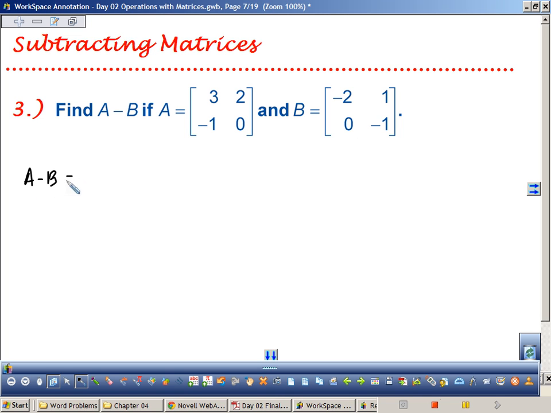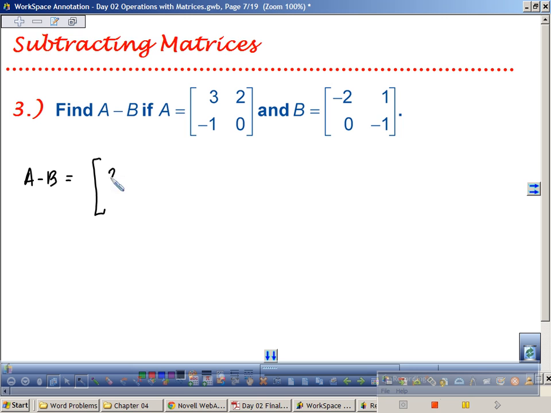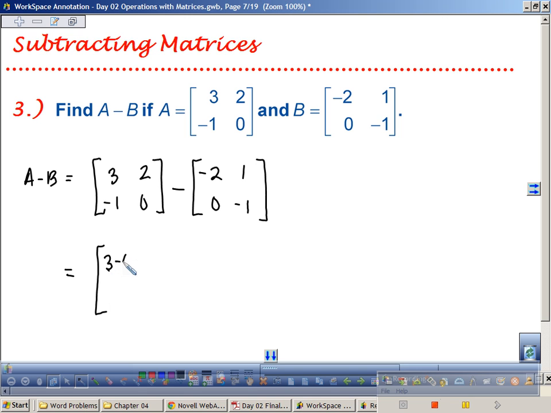A minus B equals 3, 2, negative 1, 0, minus negative 2, 1, 0, negative 1, equals 3 minus negative 2, negative 1 minus 0, 2 minus 1, and what's my last one? 0 minus negative 1.